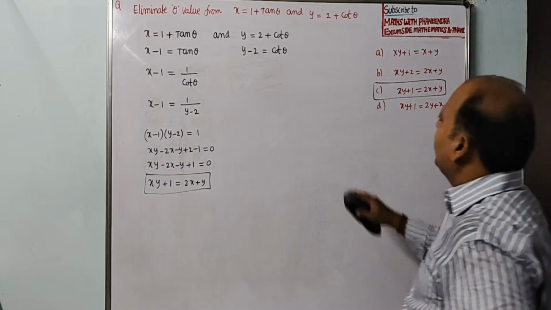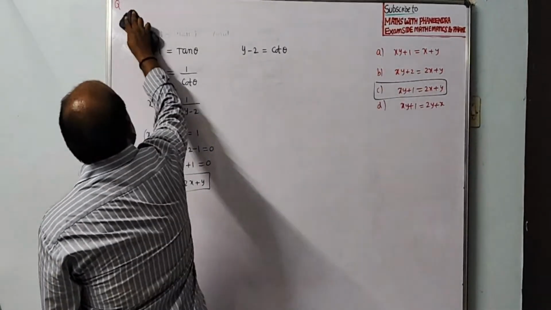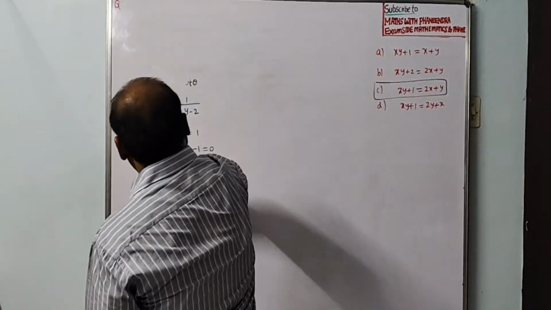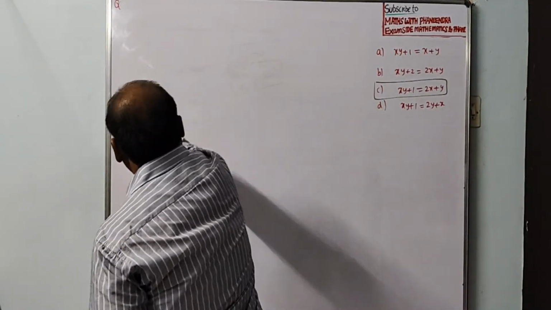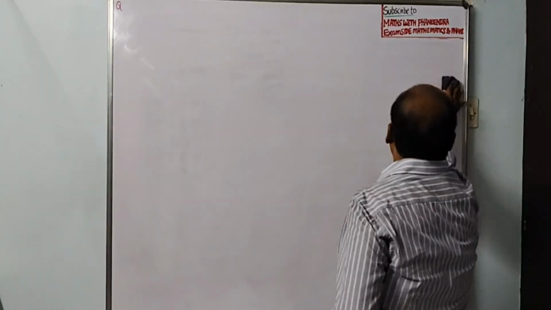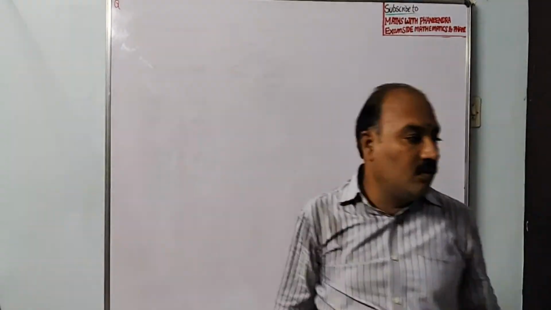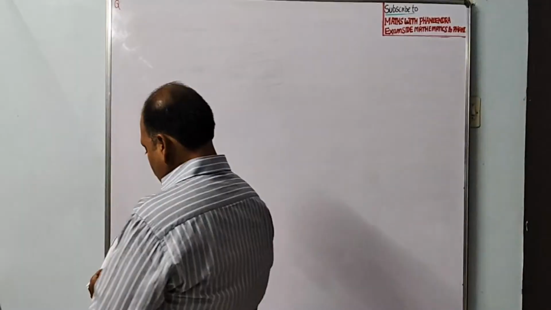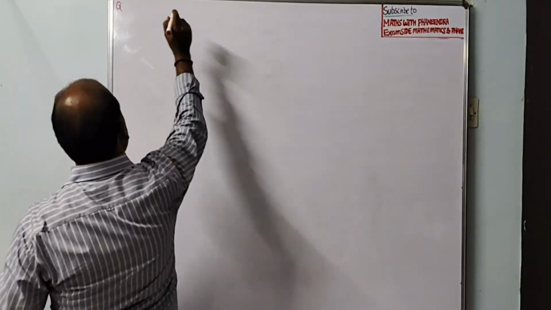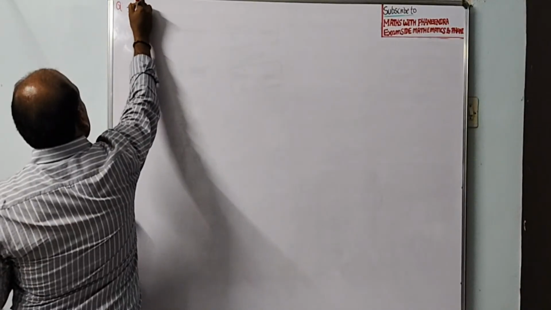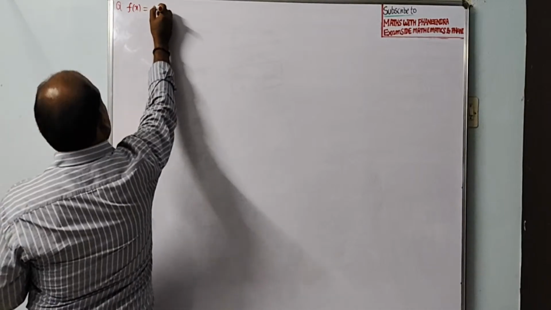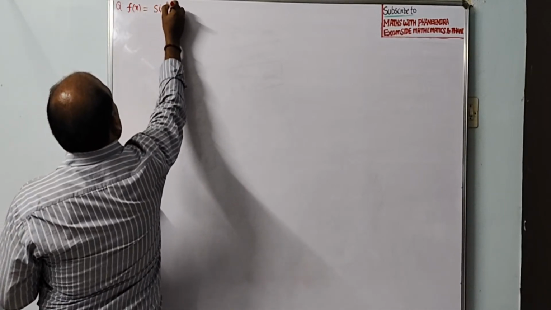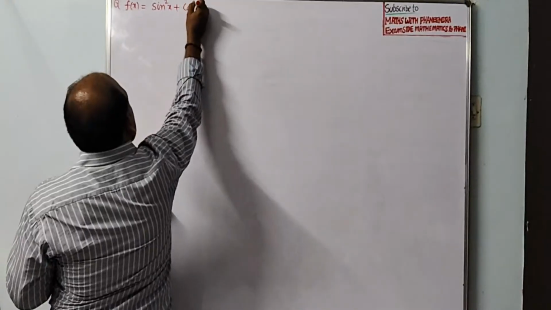Now we'll move to another question. F of x equal to sine square x plus cosecant square x.